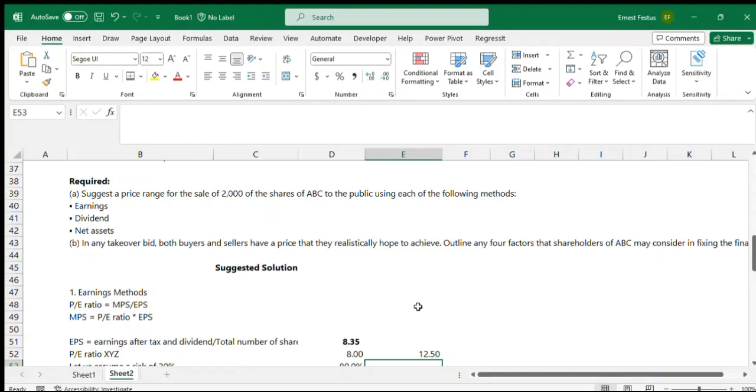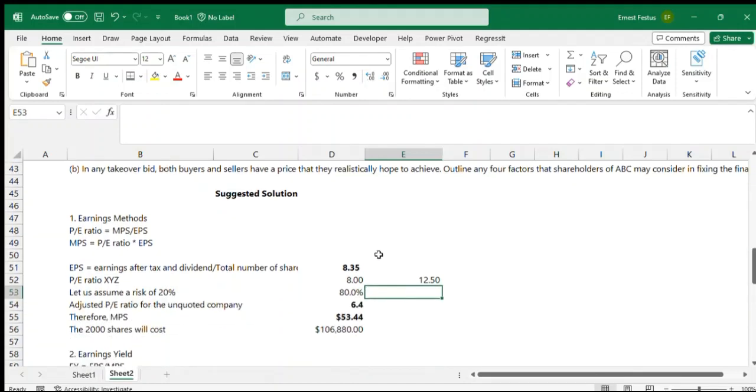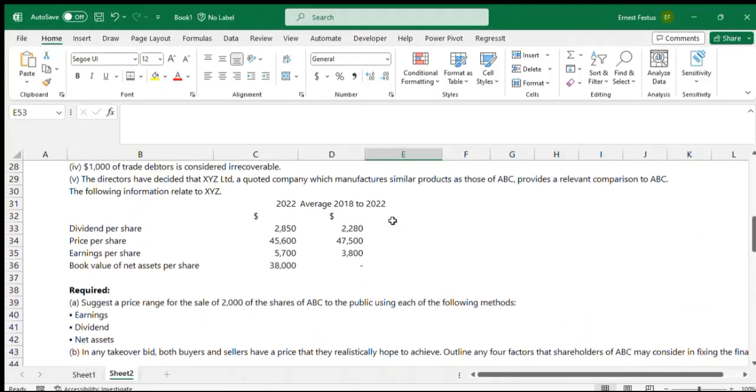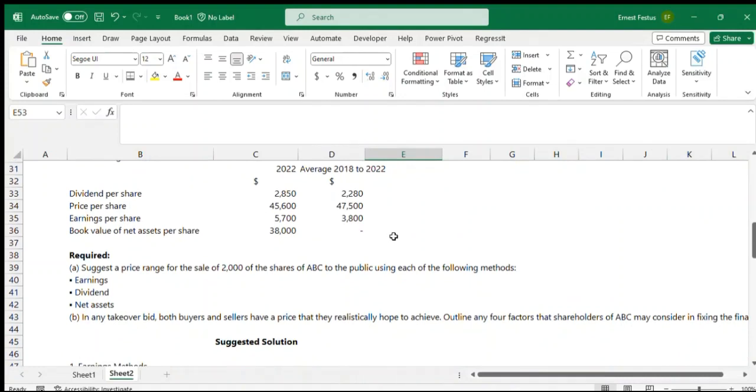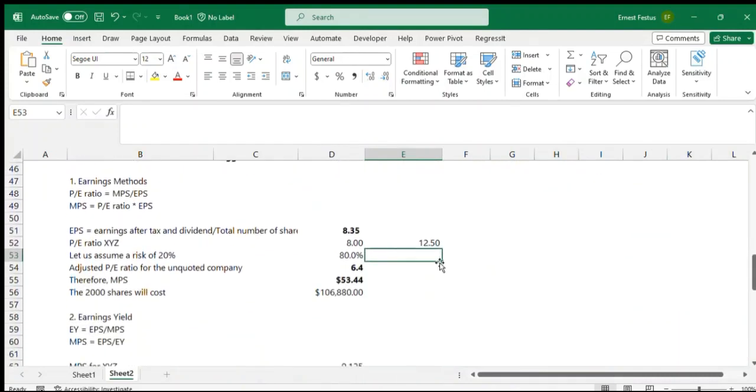So first we look at the going concern position, whether the business is a going concern. We'll look at the buyer or seller perspective. We'll also look at the total shareholding that is to be bought. So we are looking at 2,000 shares. So this one is already determined. And then lastly, we can also see whether the company is quoted or unquoted. So this is an unquoted company.